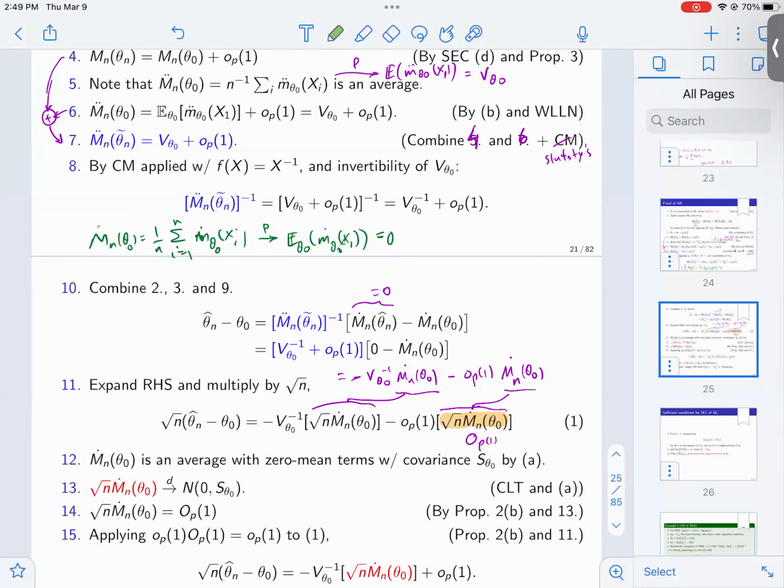Okay. And then I can have a CLT. So then root n times this guy is going to converge to minus the 0, which is the mean, so it converges to normal with mean 0, and what will be the covariance matrix? We have the covariance matrix of that, which we call the theta naught. Okay.